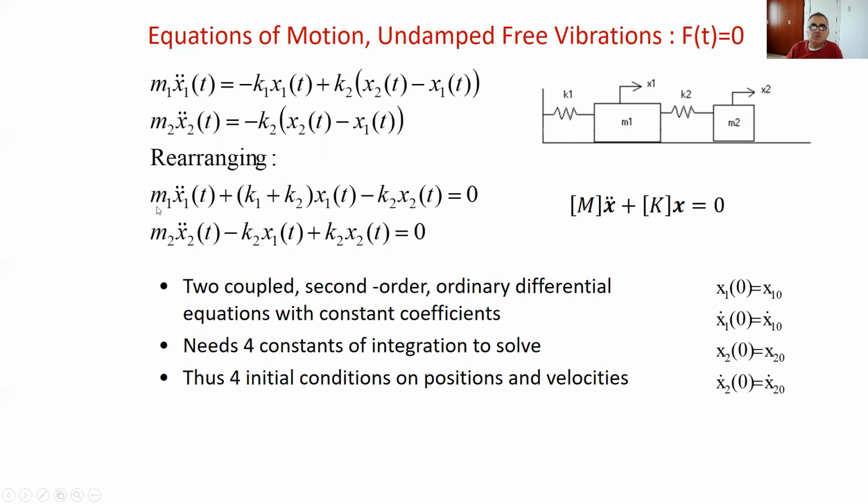They are second order and 2 equations, so we need 4 initial conditions to solve for them. The 4 initial conditions are the position of the first mass, velocity of the first mass, position of the second mass, and the velocity of the second mass. If you know these initial conditions, then you should be able to solve this differential equation.